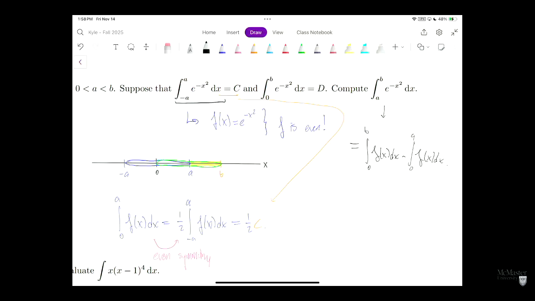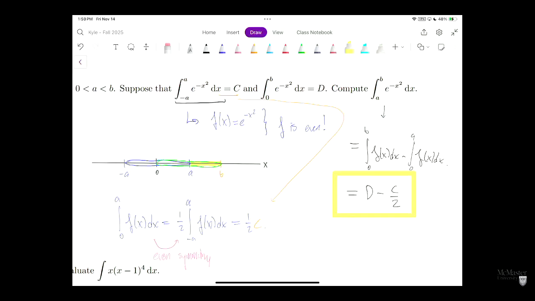So the integral from a to b is just the integral from 0 to b minus the integral from 0 to a. So from here, this is going to give us d minus c over 2. And that is our final answer.